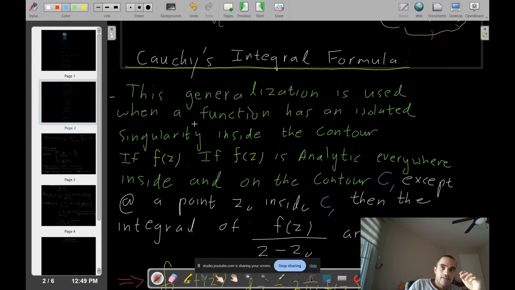Well, z0 is a complex number, but I hope you understand what I mean. z0 is a complex number, because it's z.